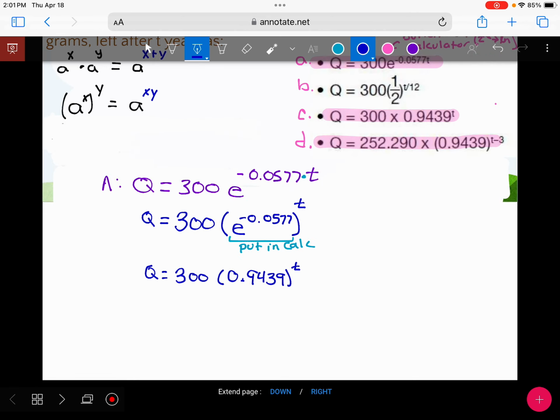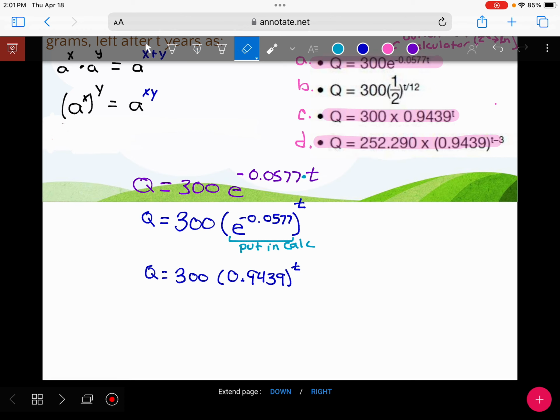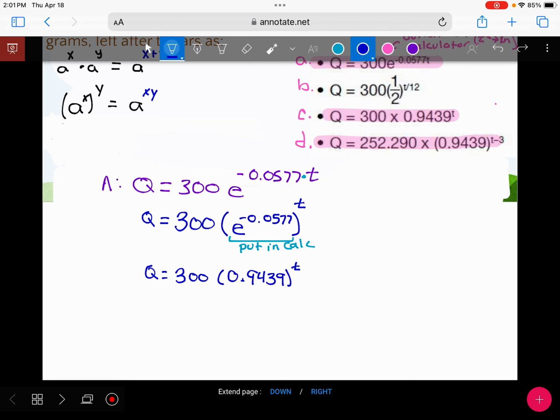So what that did, if we used this exponent law, it took equation A and turned it into equation C. That's exactly what this says. So we know for sure equation A and equation C absolutely match.